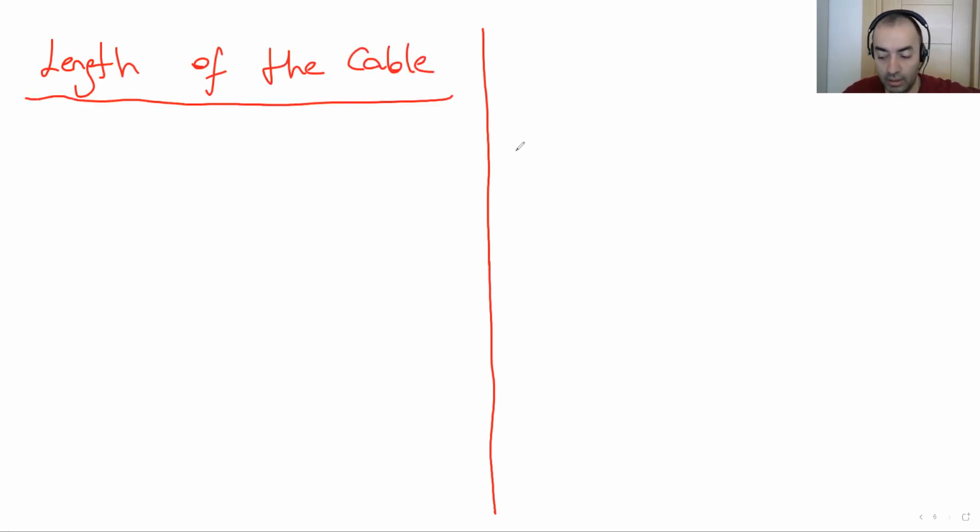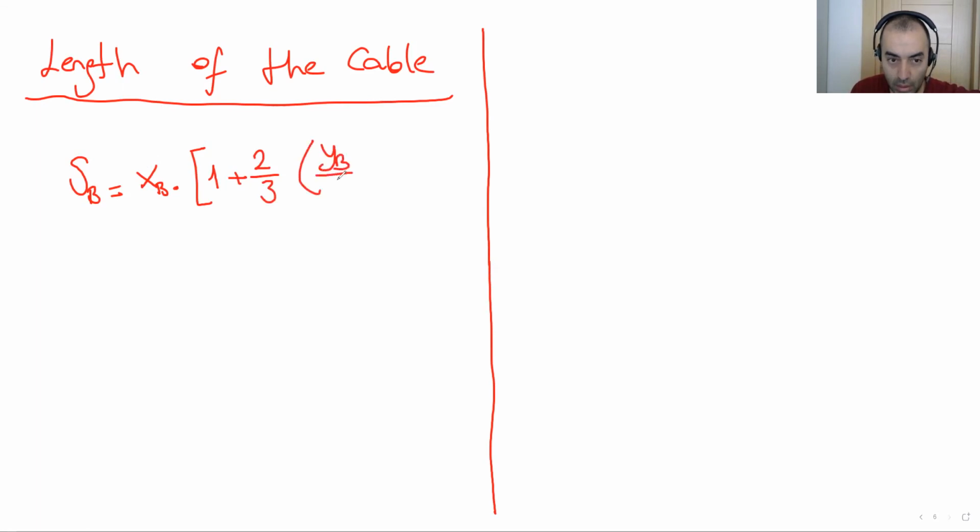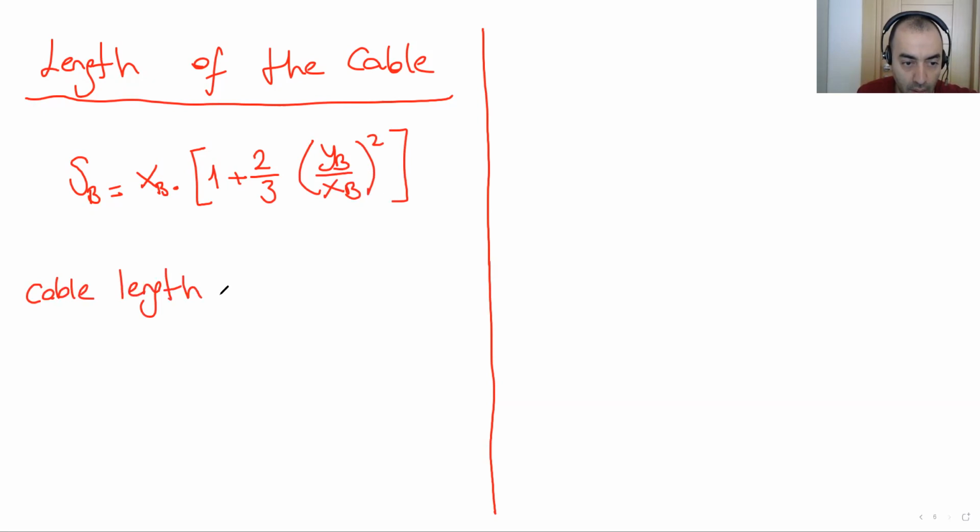The equation is X times the cable length times HP.